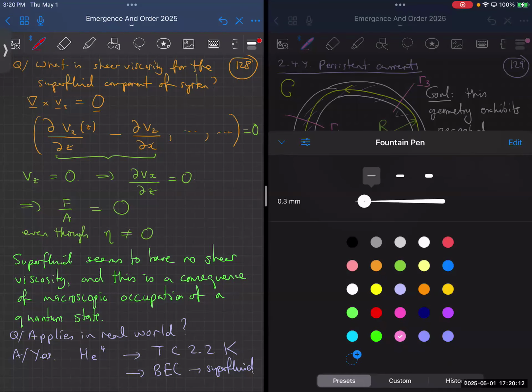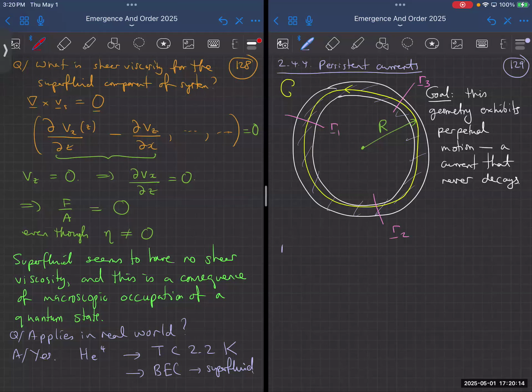What we're going to do is assume that the amplitude of the wave function is a constant, and ask the question, what happens to the phase as we go around this circuit?